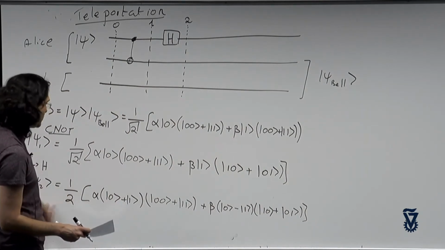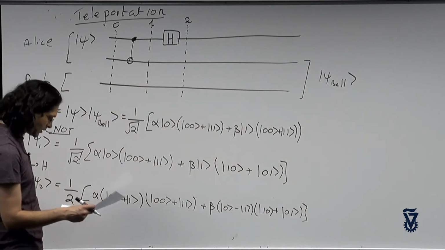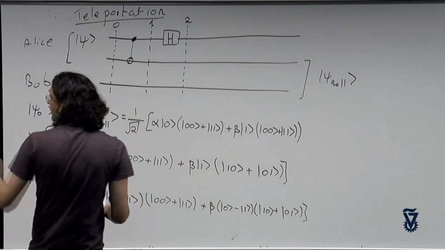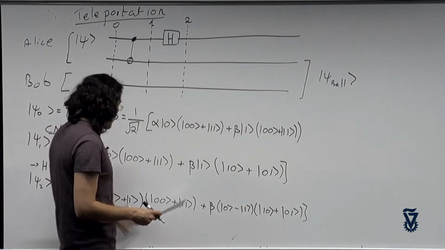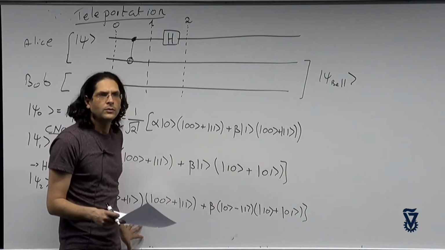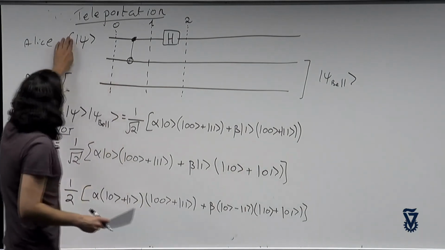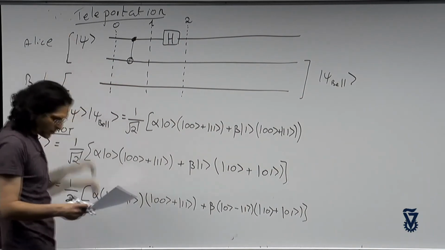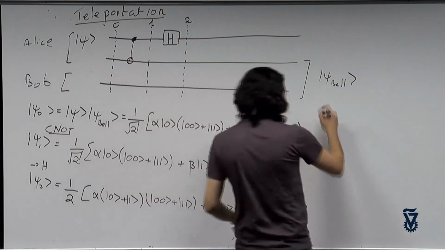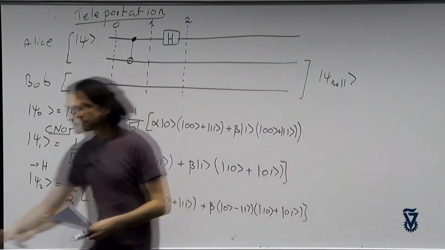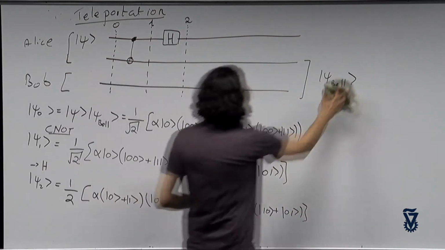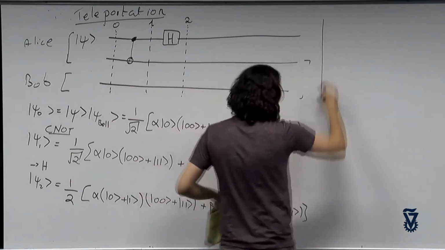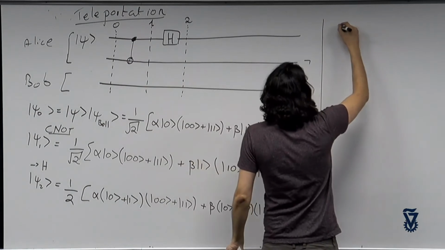So this is psi 2 after the Hadamard. Now, the next step that's going to happen, now Alice is going to measure her qubit and her side of the Bell pair. I'll erase this so I have more space. So now Alice is going to measure.